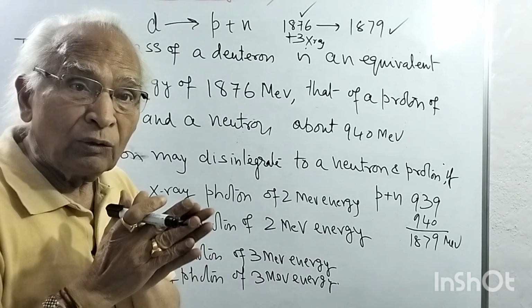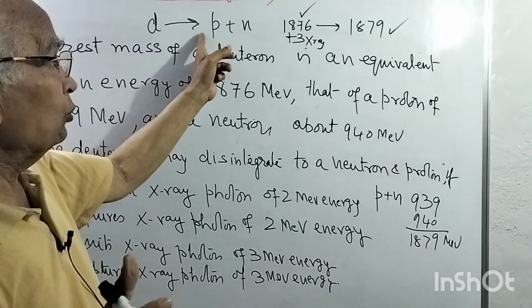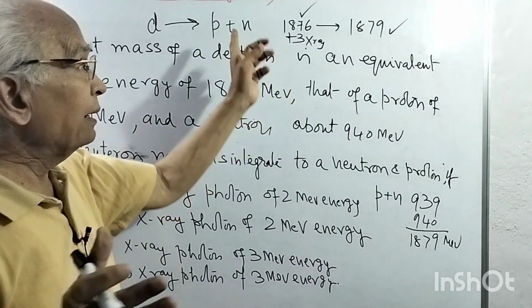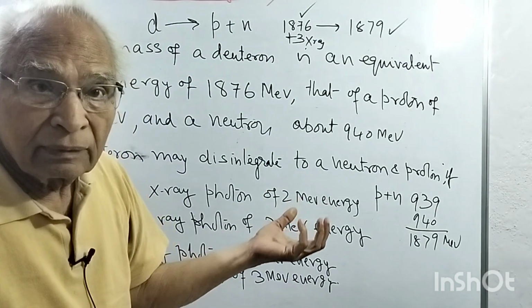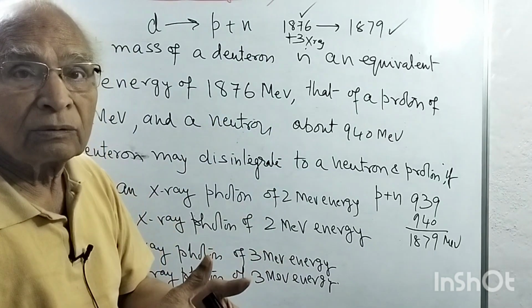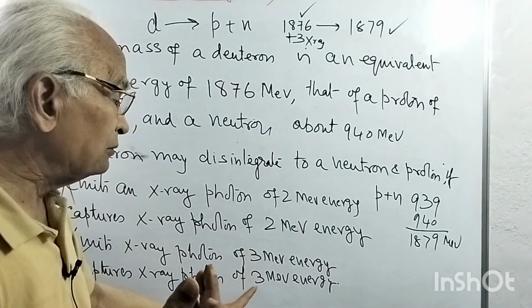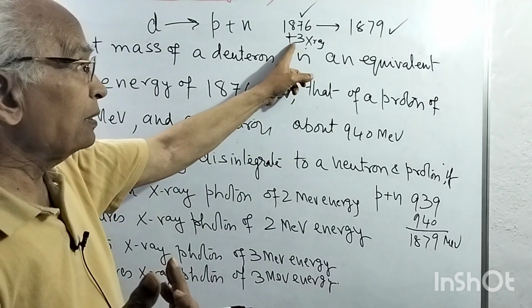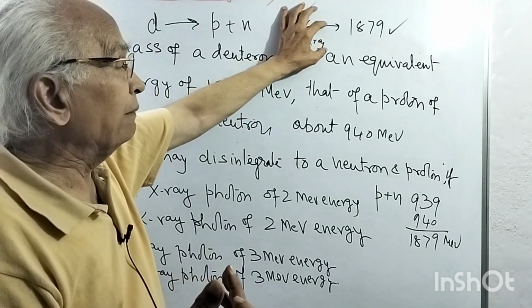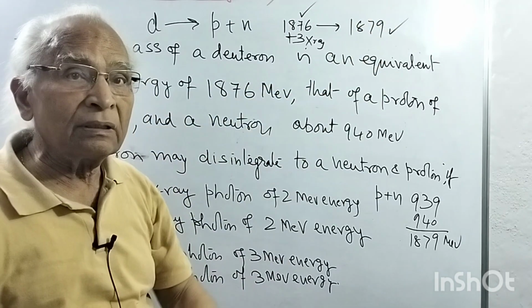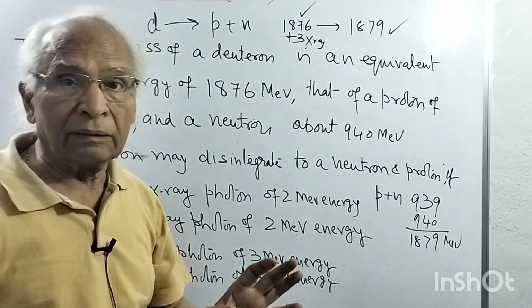So if you want to break a deuteron into proton and neutron, energy will not be evolved. Energy will be absorbed so that they disintegrate. How much energy? They are supplying 3 MeV. So with 3 MeV energy, on both sides, left hand side and right hand side, energy is conserved.